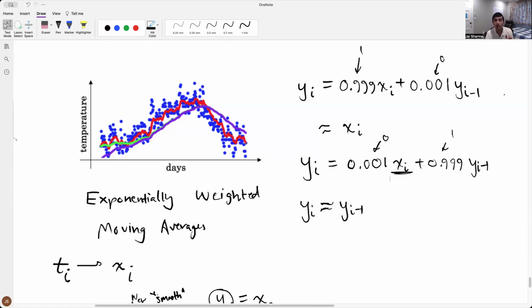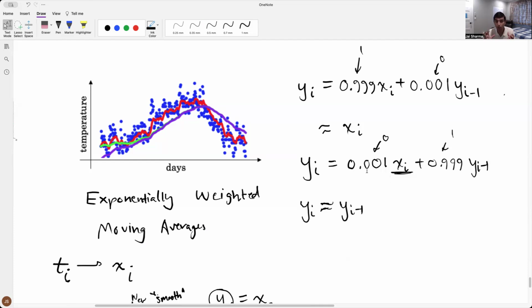If your first value over here, which corresponds to this 0.001 in this example, is very close to 1, then your series of y will have more variability, right? And it will be less smooth. If it's closer to 0, then it'll be more smooth and have less variability. But there are advantages and disadvantages to both.